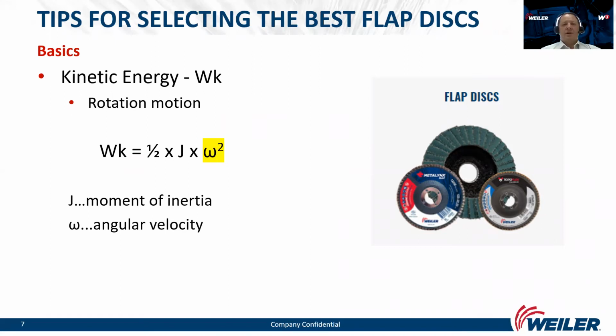Kinetic energy is equal to 1/2 multiplied by momentum of inertia multiplied by the square of angular velocity, seen in yellow. The energy of a rotating body varies with the square of the angular velocity. So it is very important to keep revolutions on the highest possible level during the grinding.